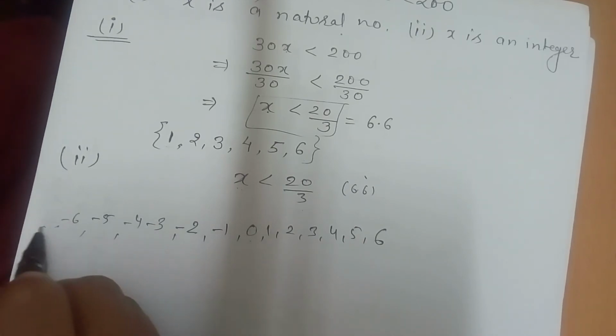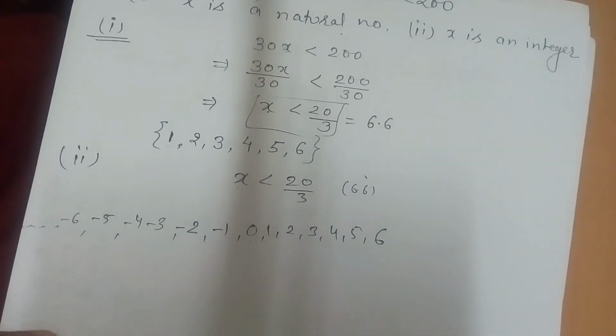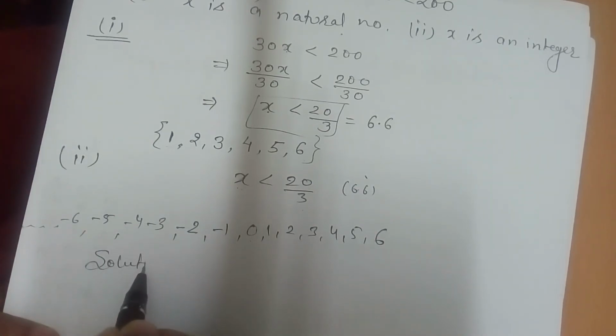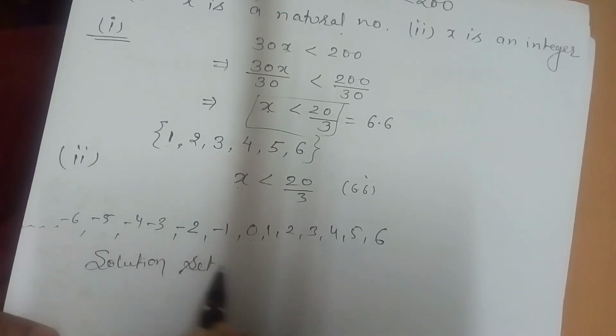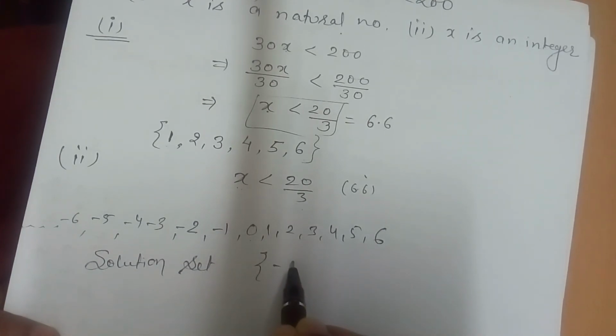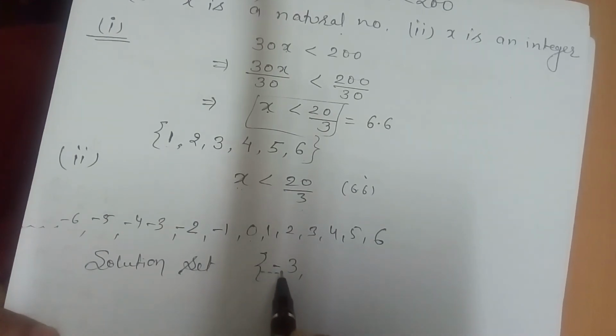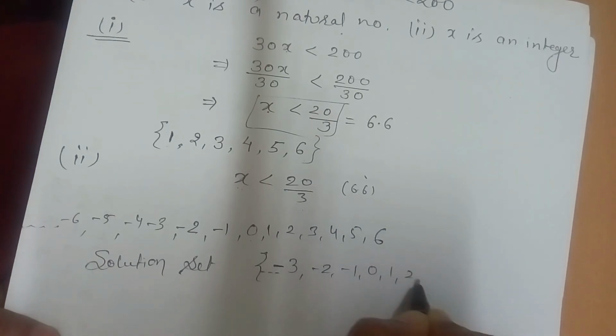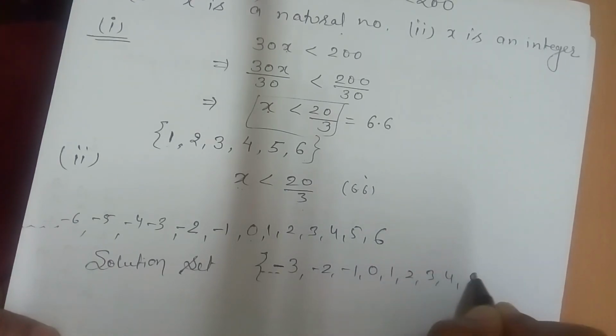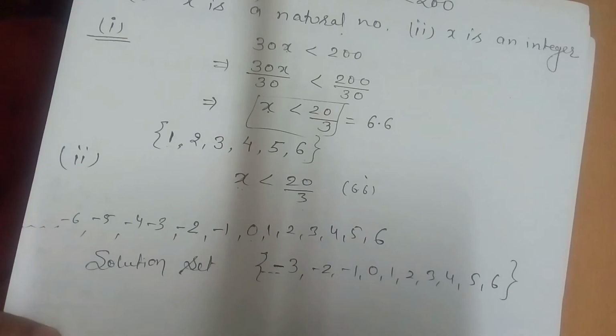Okay. So the solution set of the inequality is dash dash dash minus 2, minus 1, 0, 1, 2, 3, 4, 5, 6. So this is the solution set of the inequality.